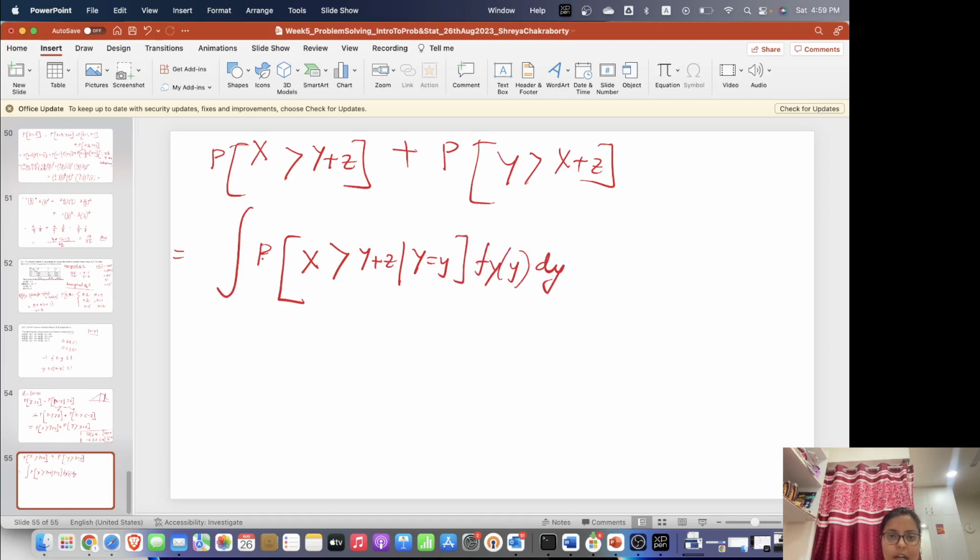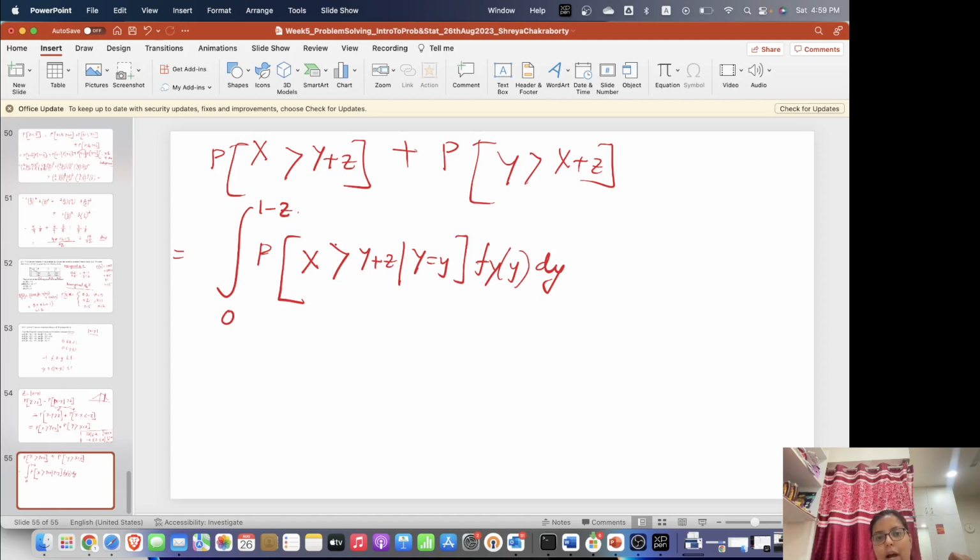Now y can take range from 0 to 1 minus z, because x should be greater than z and x should be less than 1.